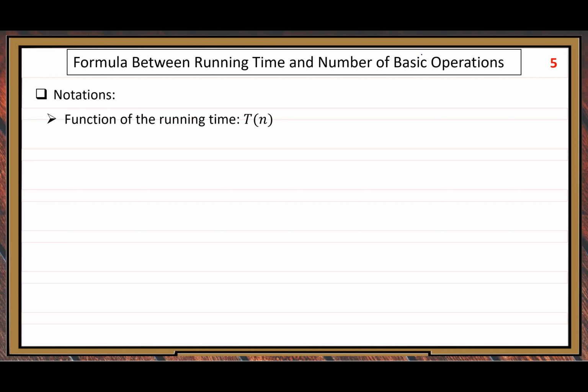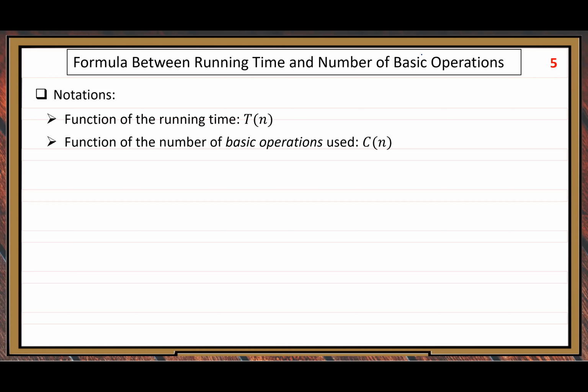Function of the running time, capital T of n. Suppose, given a problem with data size n, we have some algorithm, we just clock its response time. And we use this function, capital T of n, to represent the running time function.